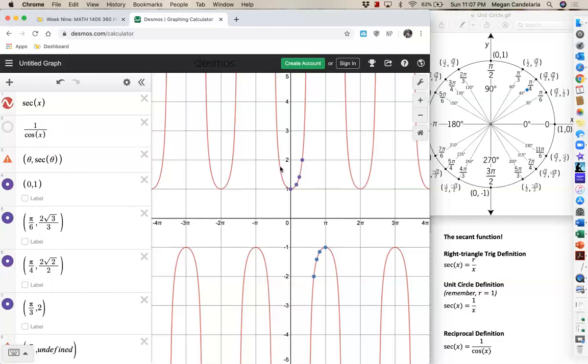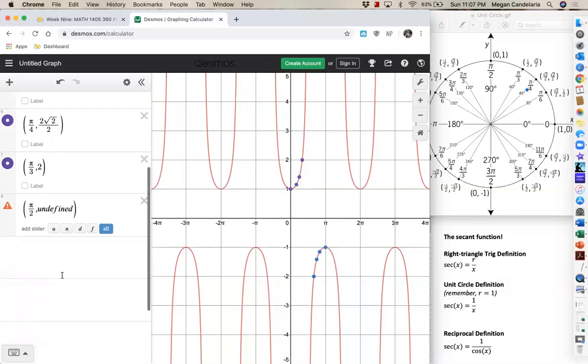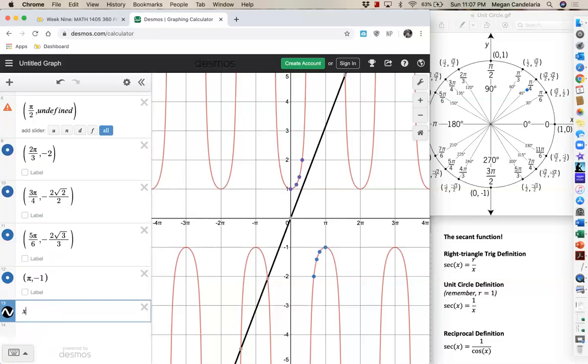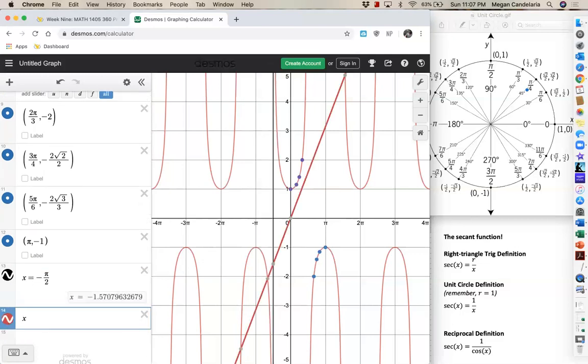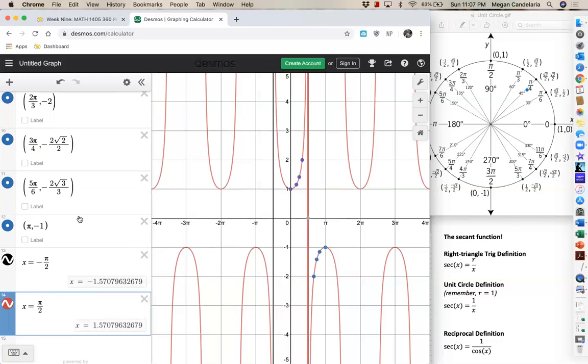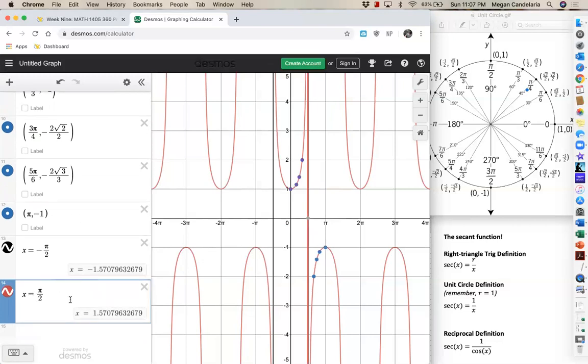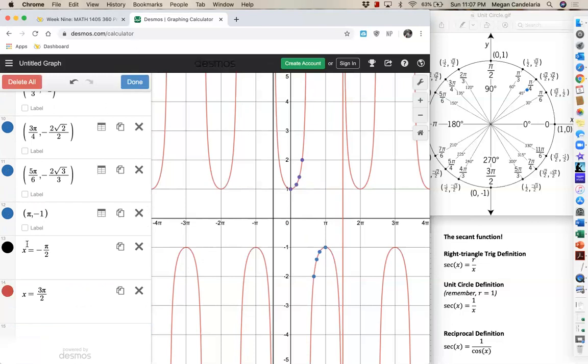Now, sometimes it's easier to see that by looking at one upward little U-curve and one downward little U-curve. So when we do that, we can look at x equals negative pi over 2 to x equals 3 pi over 2. Sorry. 3 pi over 2.